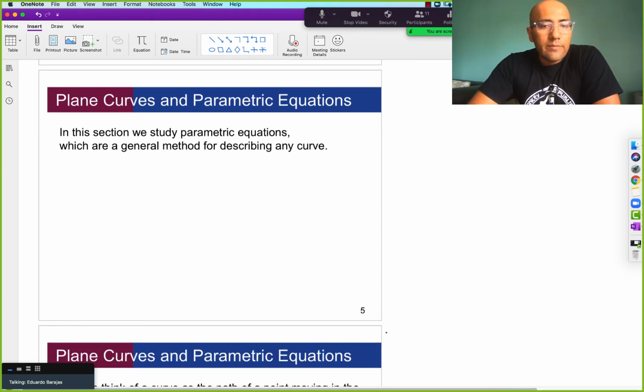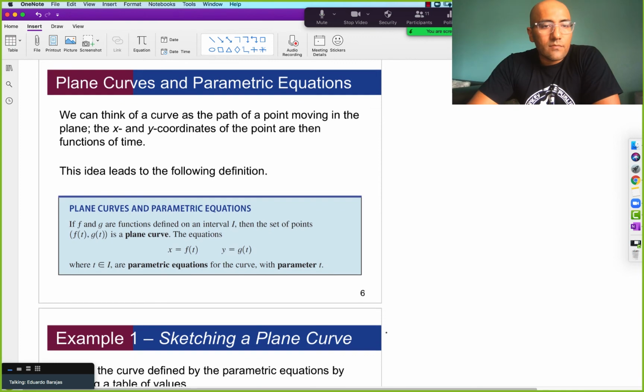Okay, so parametric equations. We can think of a curve as a path of a point moving in the plane. The xy coordinates of that point are then functions of time. So this idea leads to the following definition. If f and g are functions defined on the interval I, then the set of points f of t and g of t is a plane curve with these equations.